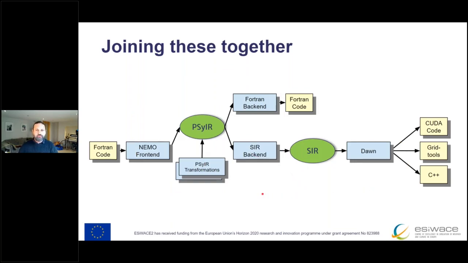A couple of things I should mention about this as opportunities. One is you can just go straight through, Fortran code all the way through, and out you go. One thing we could think of PSyclone as being is something that tidies up the code ready to do this translation, because there may be things in the Fortran that are not represented in the SIR.